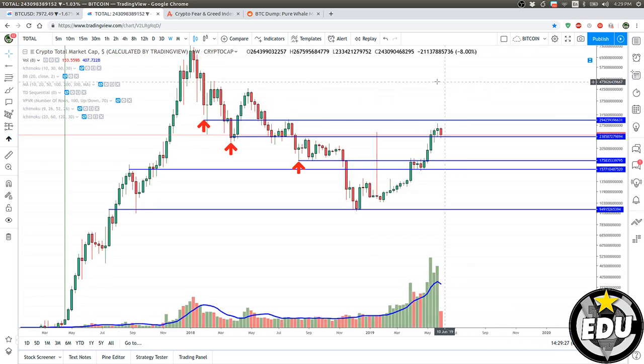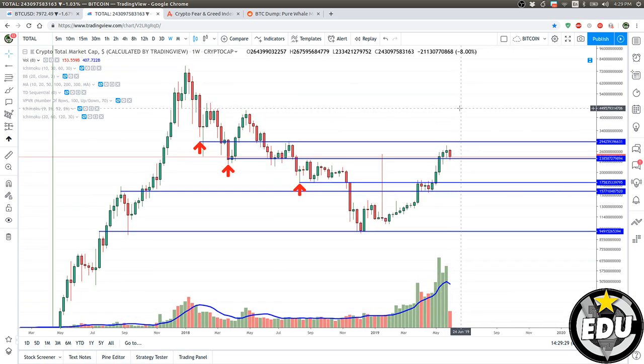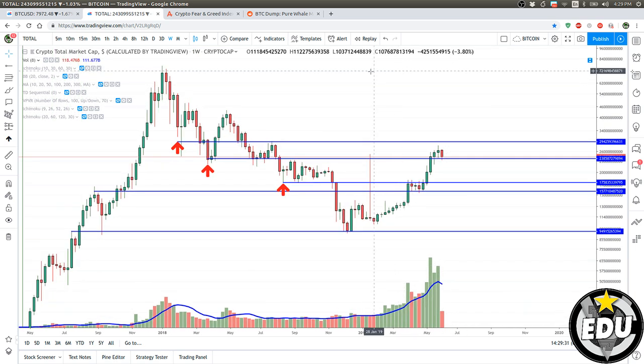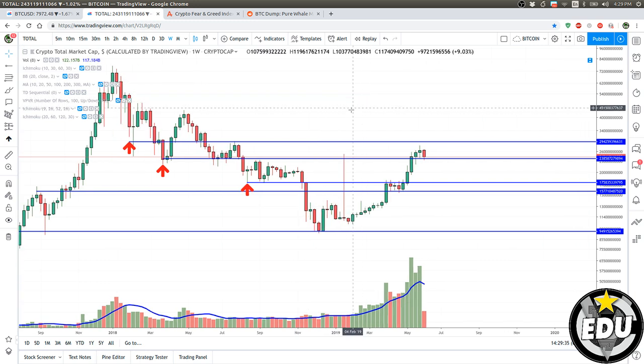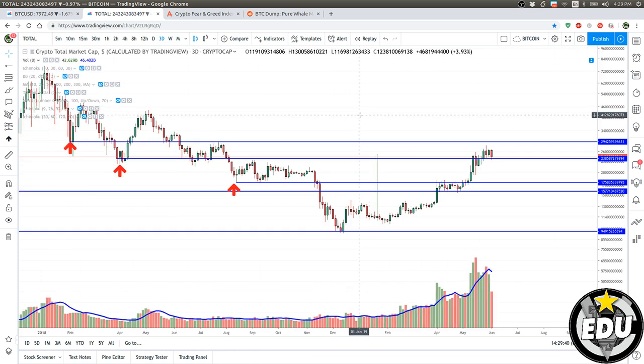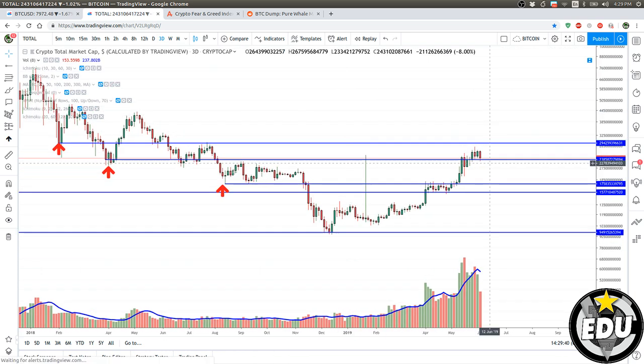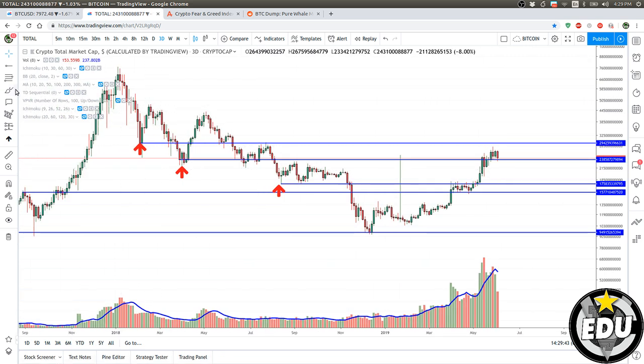So the daily total market cap has been helping a bit, not as precise, more in the lower time frame. On the 3-day, it's holding about this level. That's where the price stayed a bit, creating some support inside those ranges.